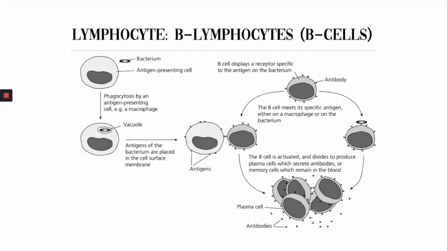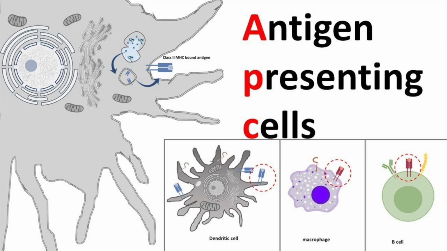We have here the antigen again on the cell surface membrane of the antigen presenting cell. An antigen presenting cell could either be a macrophage, a dendritic cell, or another type of B cell.